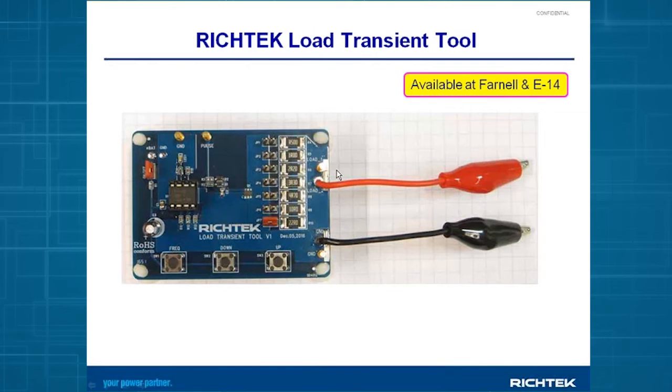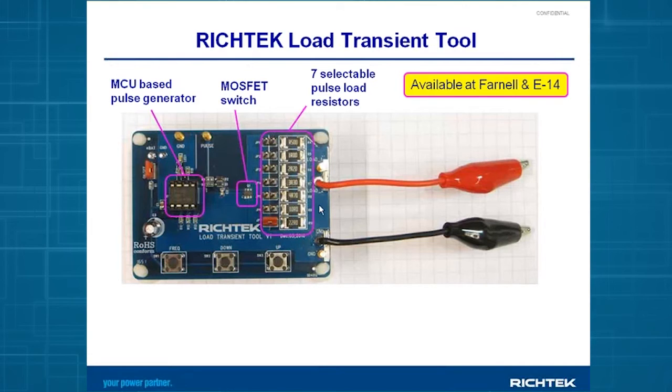To make a simple load check, Richtek has developed the Load Transient Tool, which is available at Farnell and E14. This Load Transient Tool includes all the components in order to do a very quick load transient test. It has an onboard pulse generator, which is MCU based, so it's very stable. It has a MOSFET switch.